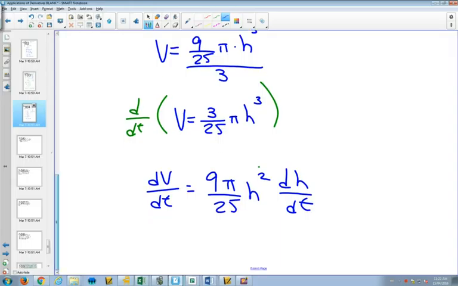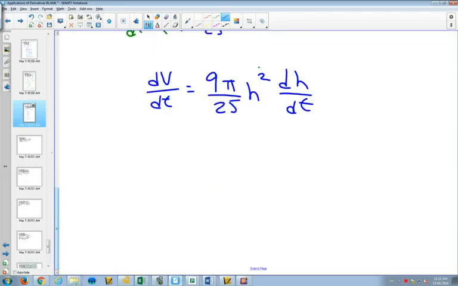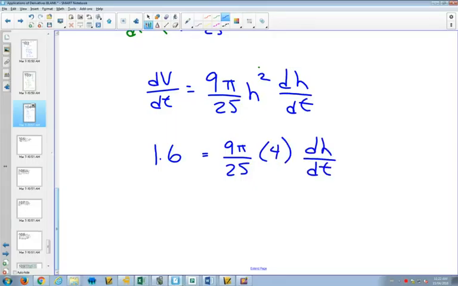Now we can plug things in that we know. We know that dV dt was 1.6? We're trying to find it when the height was 2. So height squared will be 4 dH dt. As far as multiplying these things, I'm going to do a little bit of mental math here. Are you okay with changing 1.6 to a fraction, 8 over 5?